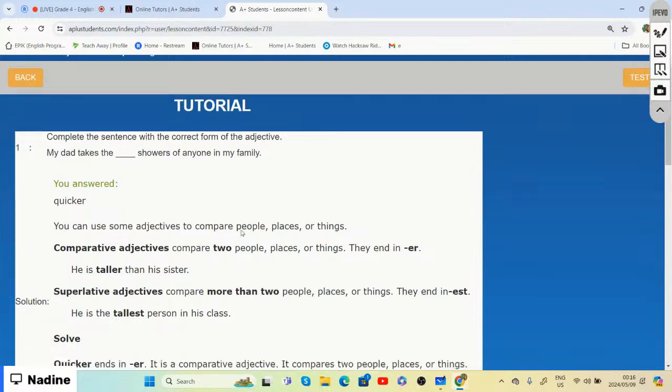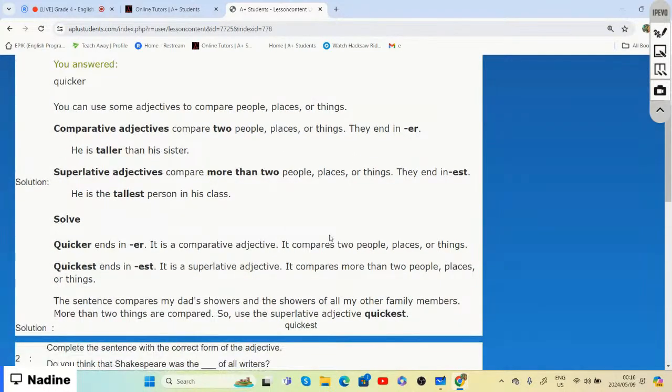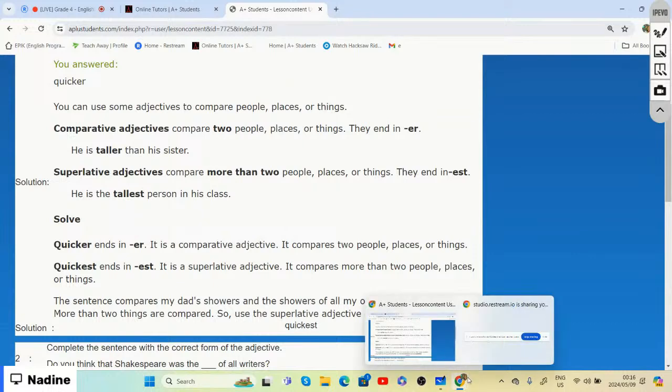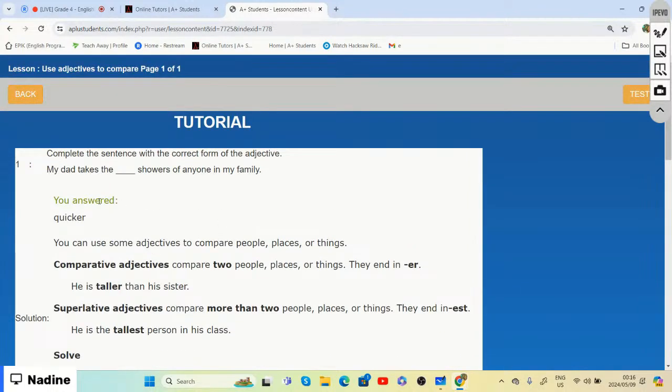All right. And we said we have comparative adjectives and superlative adjectives, right? Comparative adjectives compare two people, and superlative adjectives compare more than two people. All right, so now if we look at this activity over here, it says, my dad takes the showers of anyone in the family.